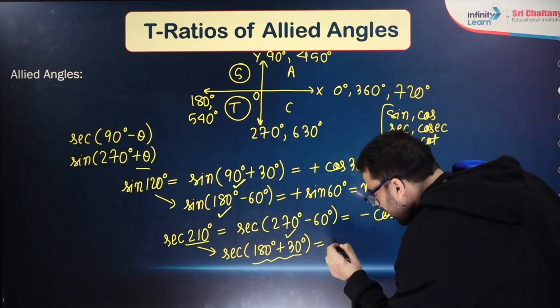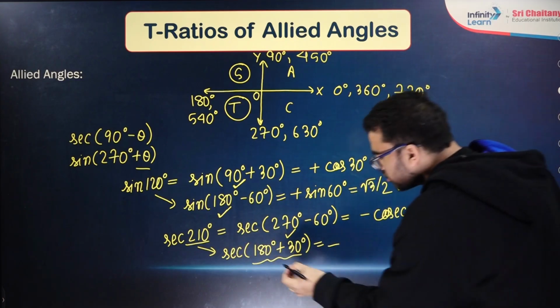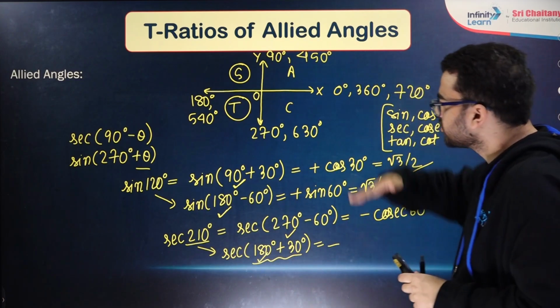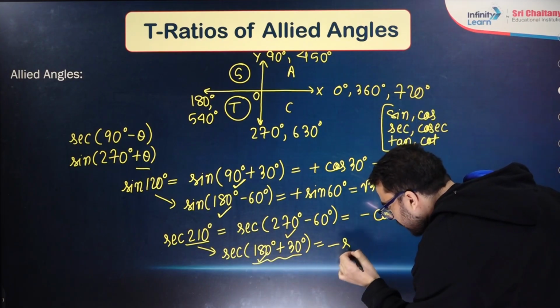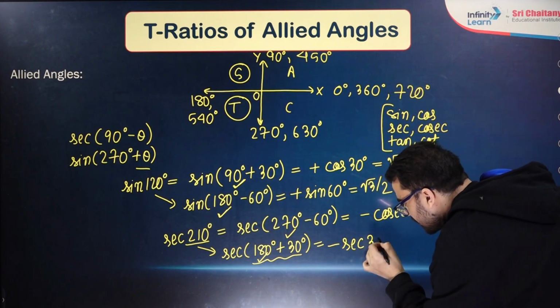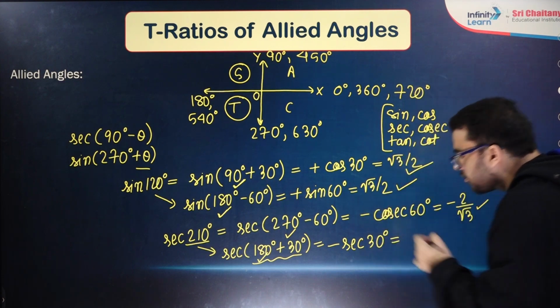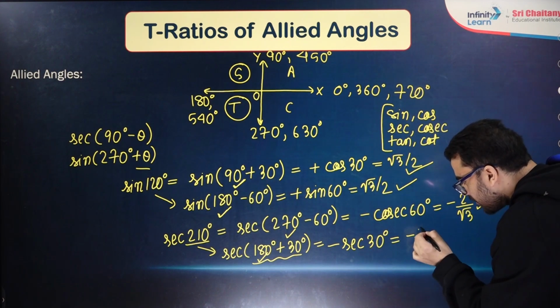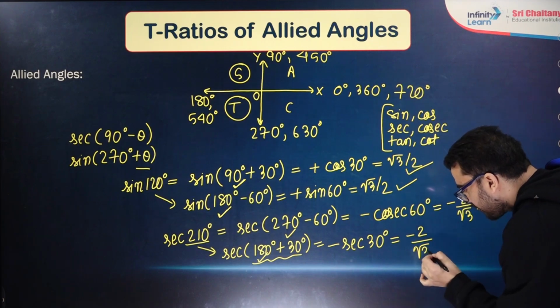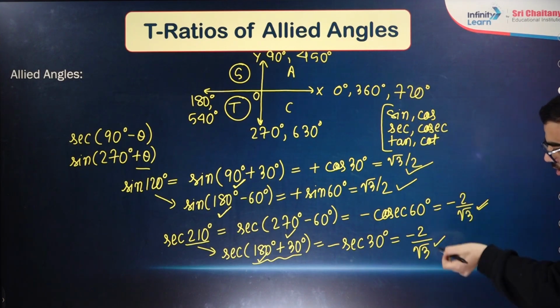So sec will come out negative. So minus. Also, when the reference is horizontal, the trigonometric ratio will not change. So sec will remain sec only. So sec 30. Sec 30 is the reciprocal of cos 30. Cos 30 is equal to sine 60, root 3 by 2. So minus 2 by root 3 is the answer. So you see, that's how you remember it.